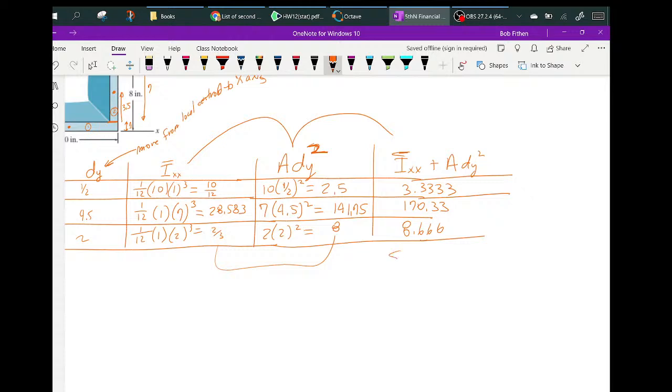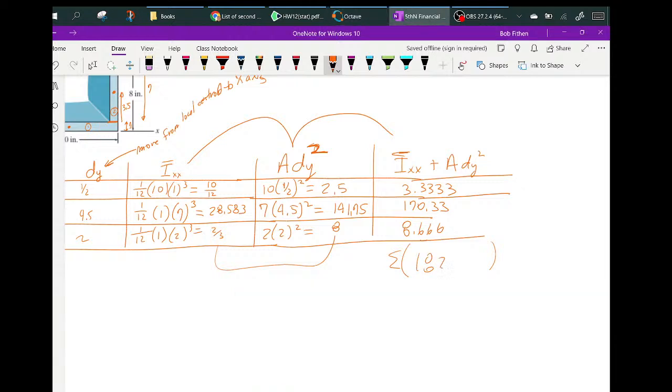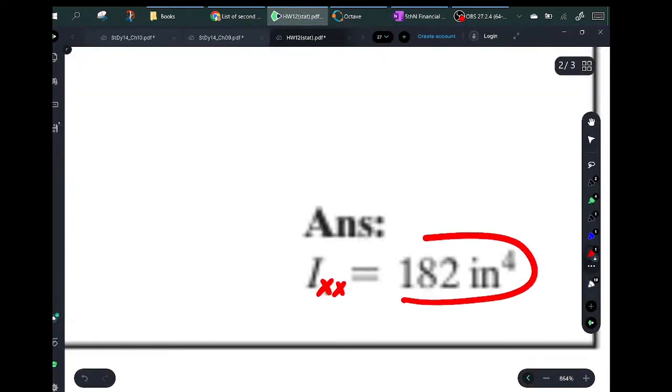Now I'll sum these in this column: 3.333 plus 170.33 plus 8.666 gives 182 and a third. And if you look back at the answer, he's not including the third.